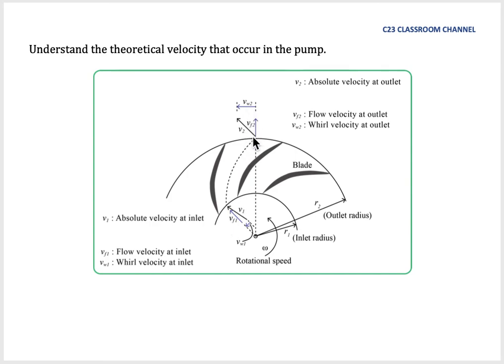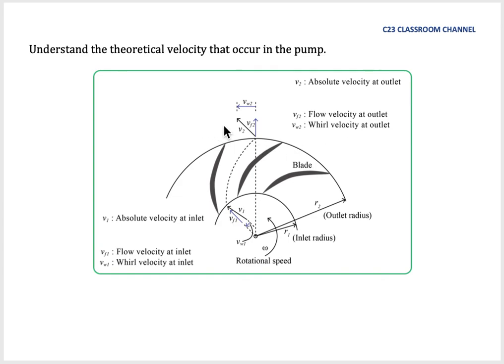So if the actual velocity can flow in the same direction as VF2 here, it means there is no turbulence at the outlet. The same goes for the inlet here. If the inlet velocity can flow in the same direction as VF1, it means there is no turbulent velocity. So there is no whirl velocity at inlet and no whirl velocity at outlet.